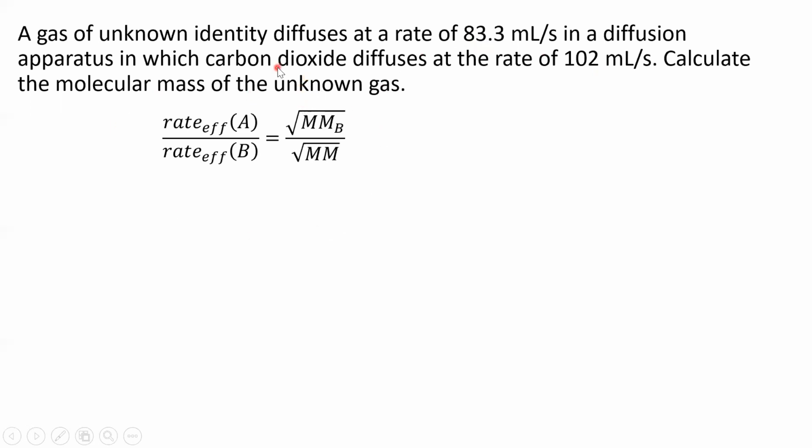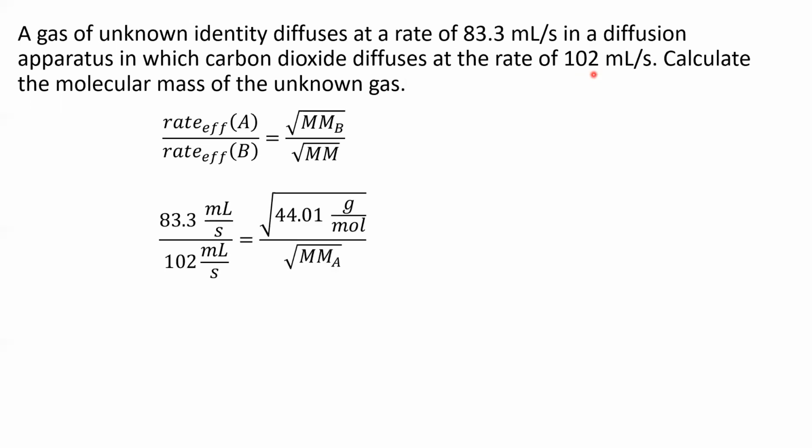Since the carbon dioxide is the lighter gas, we're going to make carbon dioxide gas 1. And again, the reason we know that it's lighter is because it's effusing faster. Did I do that backward? No, I didn't. So we're going to put gas A on the top. We're going to put our carbon dioxide on the bottom.